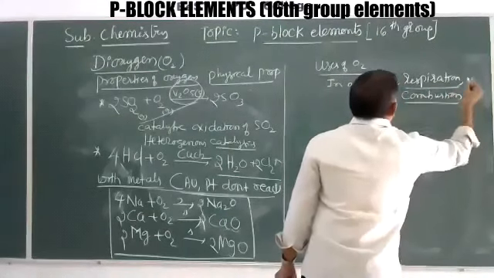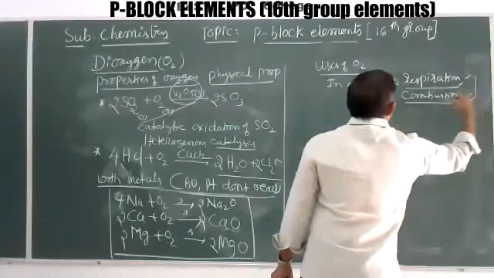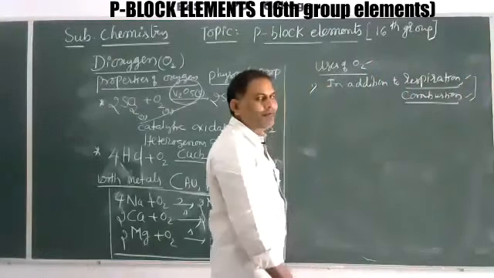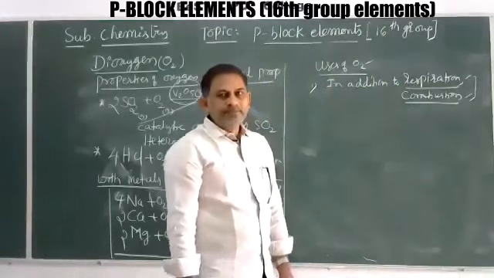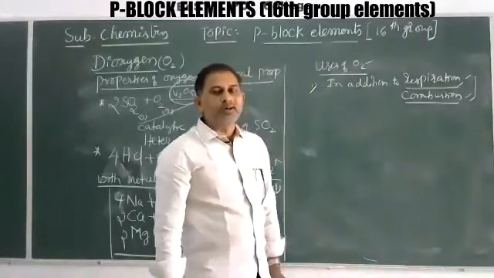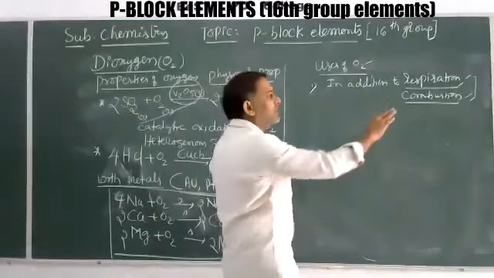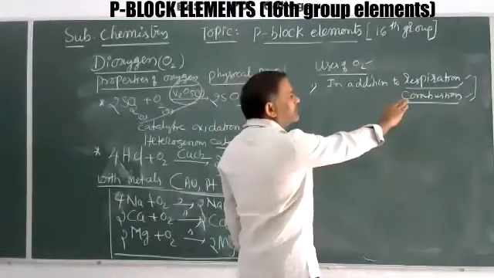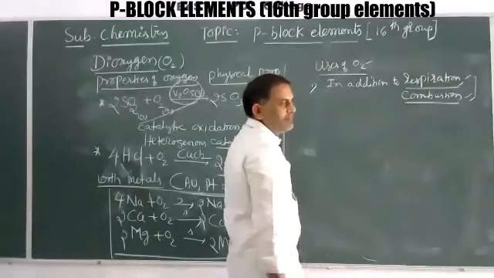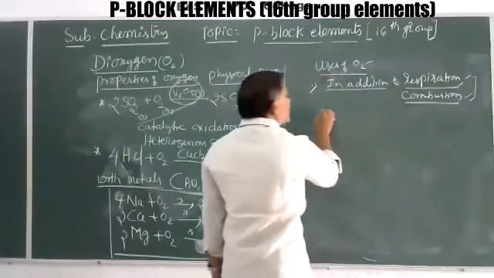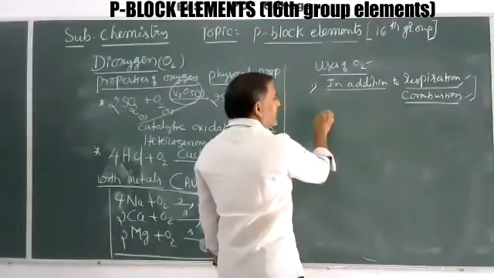For combustion and respiration, oxygen is compulsory. For breathing, dissolved oxygen in blood cells is required. If that dissolved oxygen decreases, it creates problems in a living system. So in addition to respiration and combustion, many uses are there.